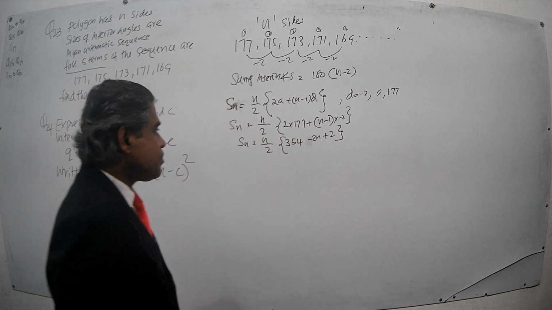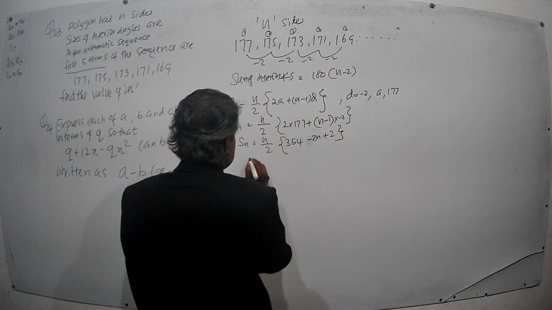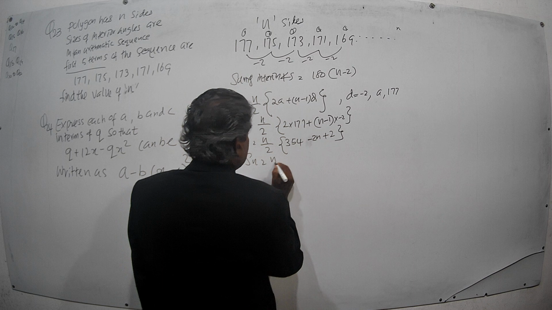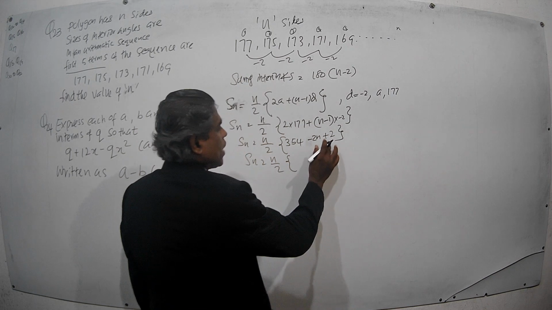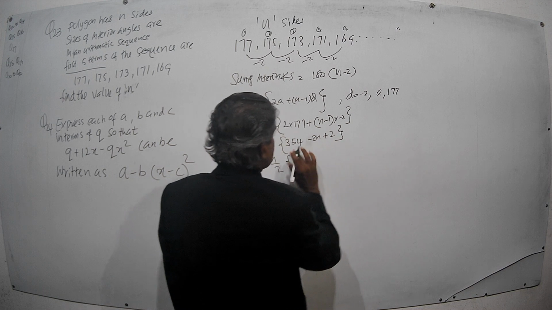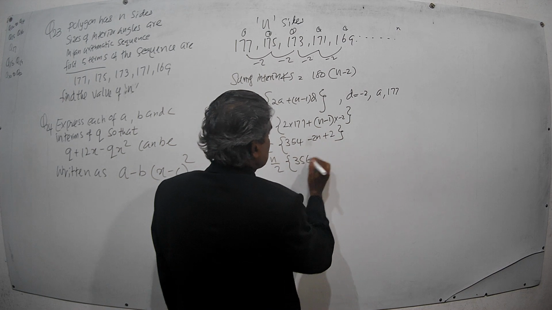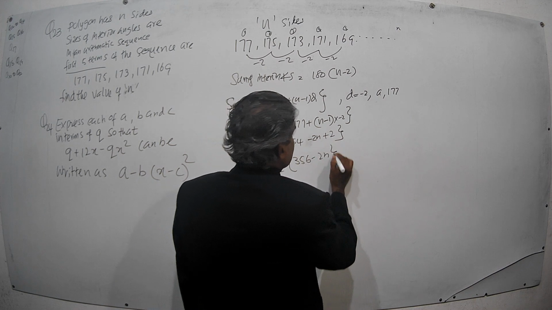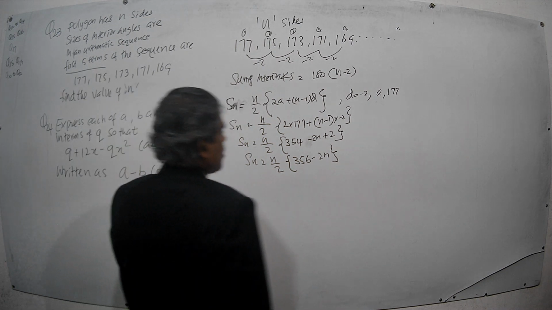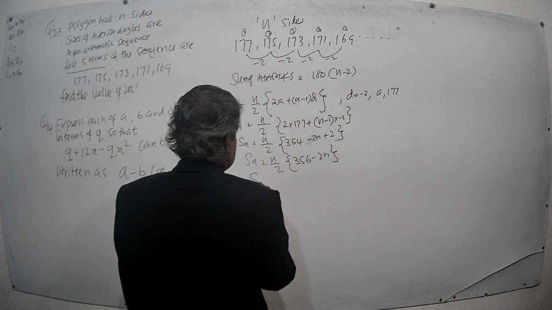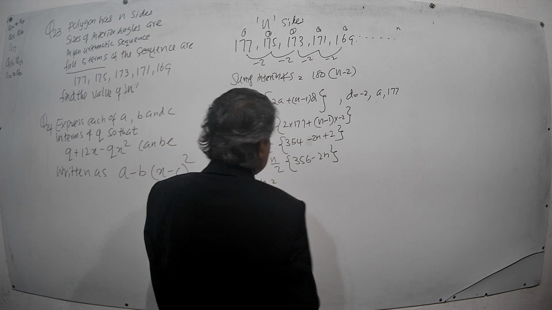Right. Then you can further simplify. Sn equals n over 2. 354, you can add with these 2, then 356, then minus 2n. Okay. Right. Now, Sn equals, then again, further you can simplify.